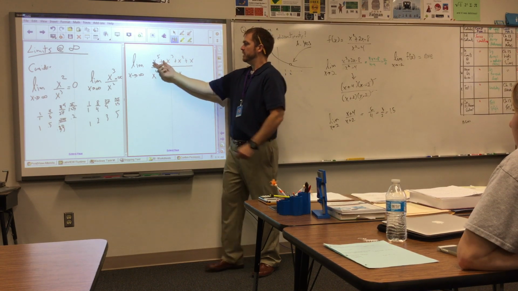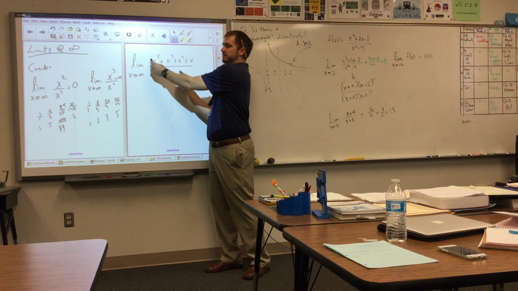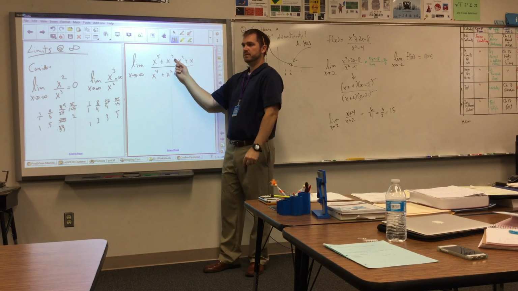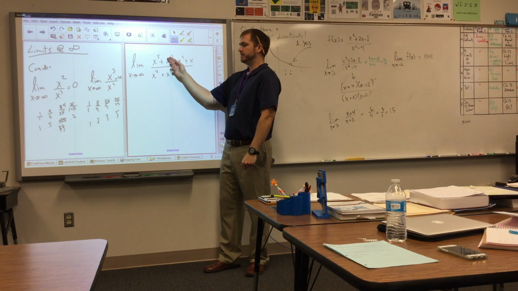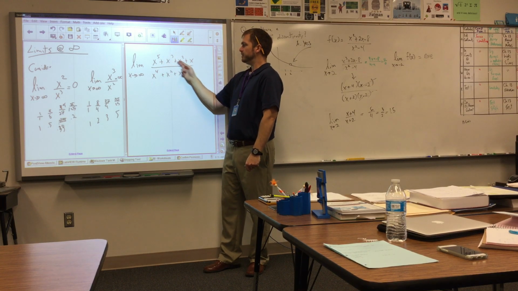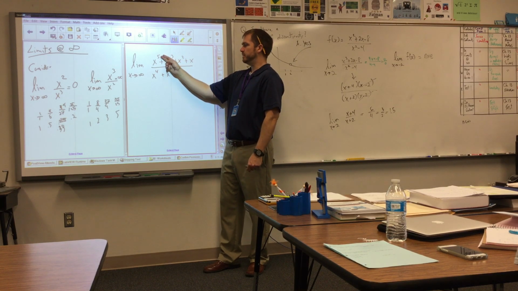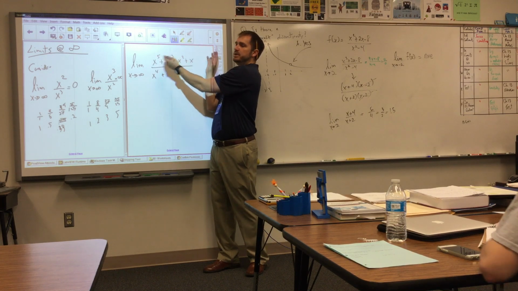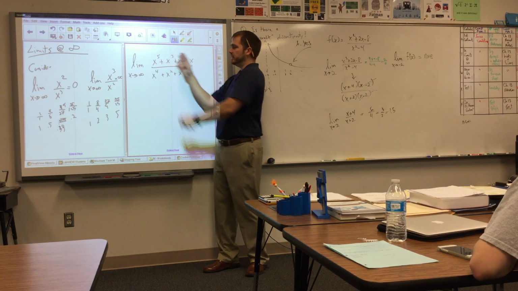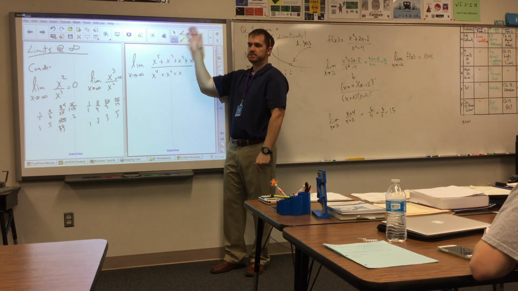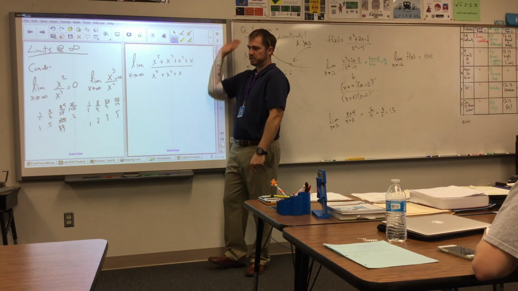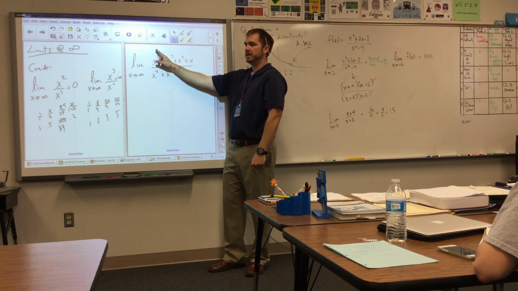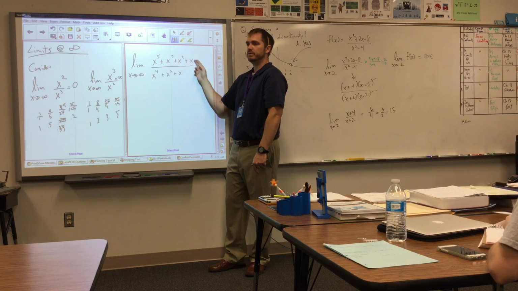Because what if I were just to compare that x to the 5th versus the x cubed? This one's going to be going faster than this one. In fact, out of all of those terms, the one with the highest exponent is going to be the dominant term in that numerator. By the time we get to 100 billion, million, trillion, this guy is going to dwarf whatever those are.